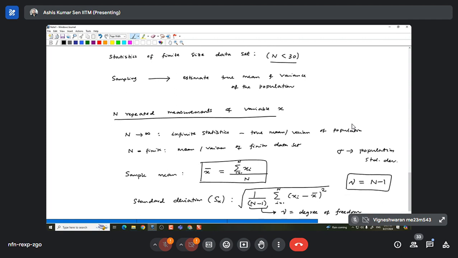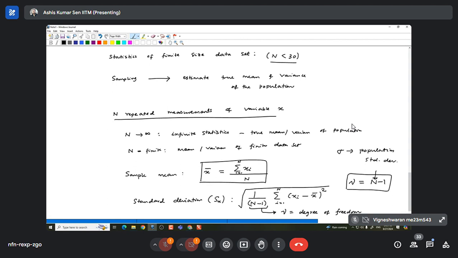Why? The degree of freedom is basically understood as follows. If you have n number of measurements, you have n different, independent data points.